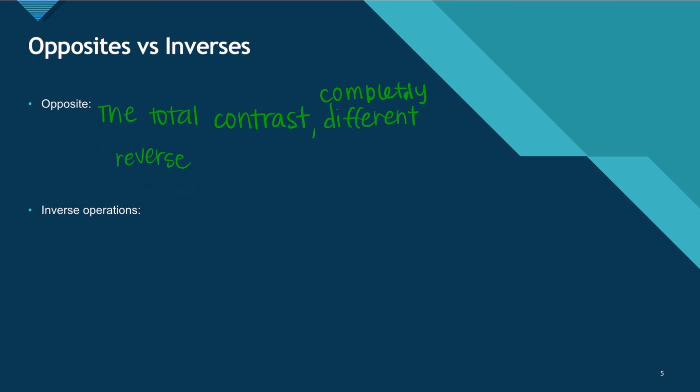So inverse operations mean the operation that undoes the operation before it.